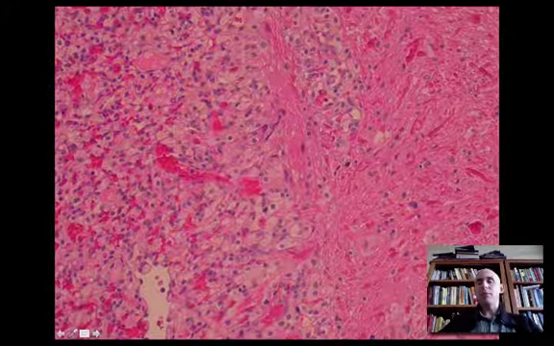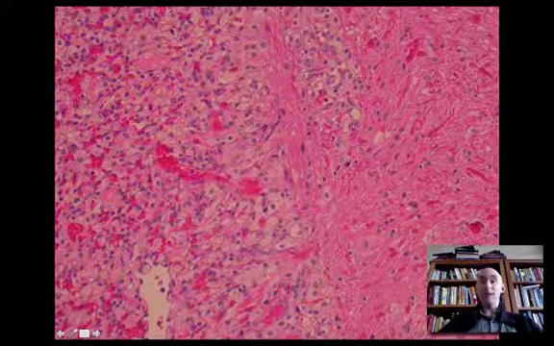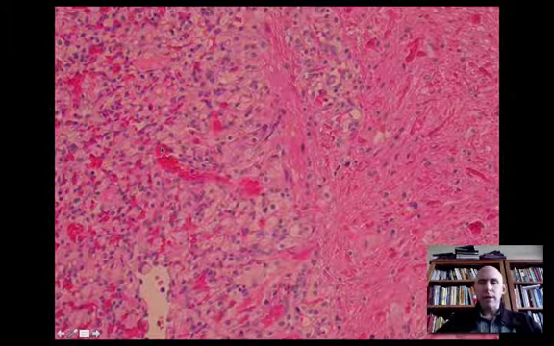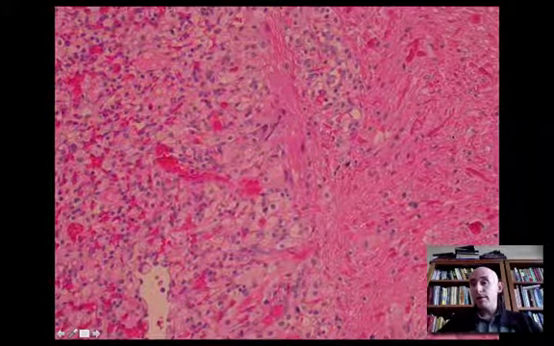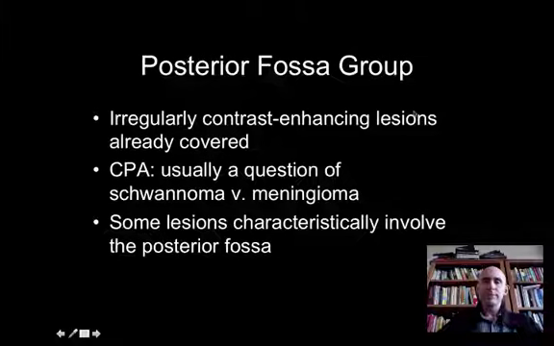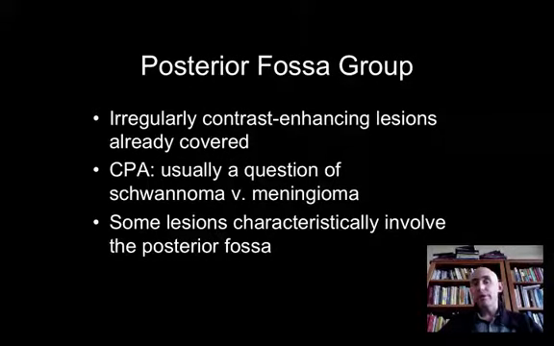Much of the background brain was actually just cerebellum. And so on the left of this field in this photomicrograph is the capillary hemangioblastoma. And on the right side is a field of dense astrogliosis with ropey pink Rosenthal material. So this really leads us into the posterior fossa group.